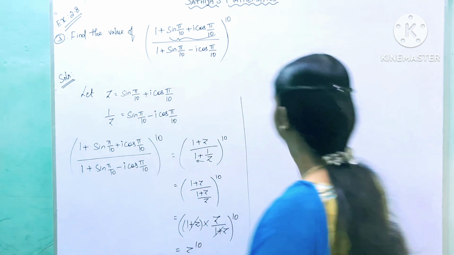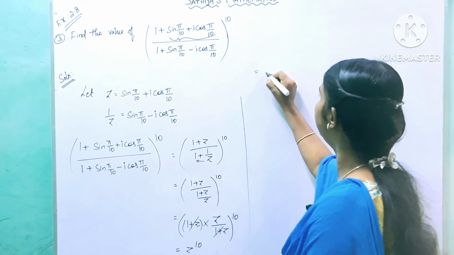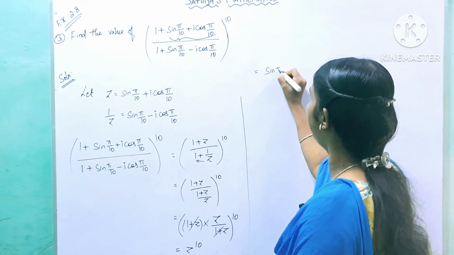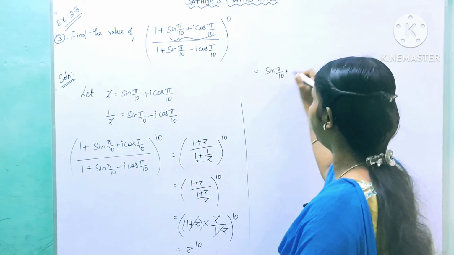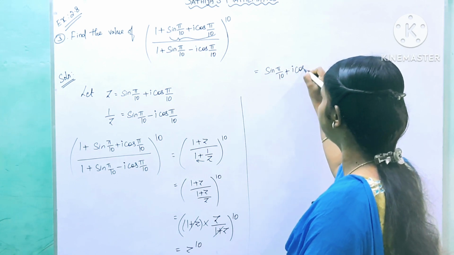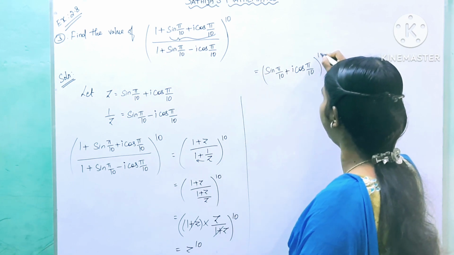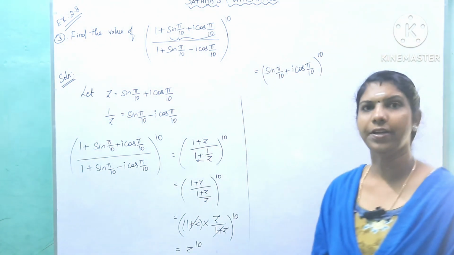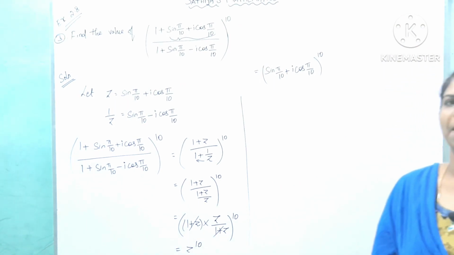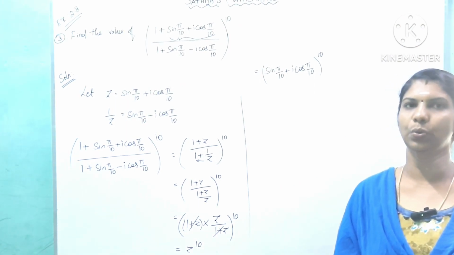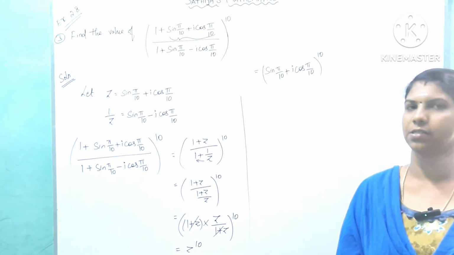So what is z? Z is nothing but (sin pi by 10 plus i cos pi by 10), the whole power 10. We have already seen that whenever the power is more than 2, we can use De Moivre's theorem.